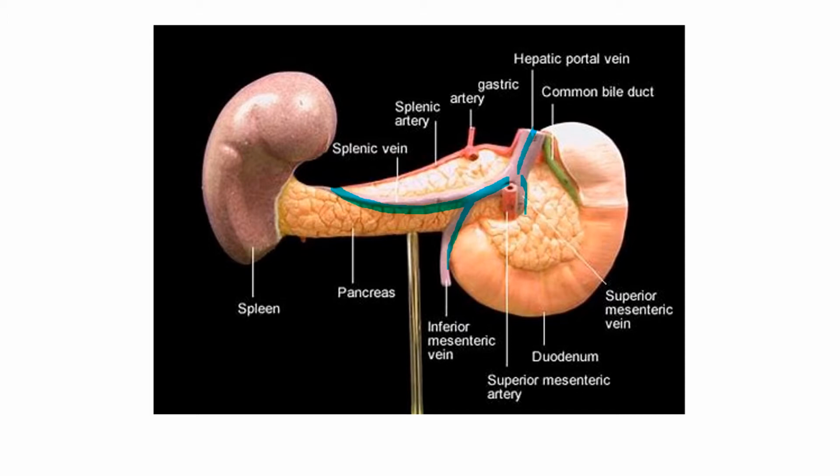And then all of those veins, so here's the first vein, it could be either the splenic vein or inferior mesenteric vein, and they all merge into the hepatic portal vein, which will lead to a second capillary bed, the liver sinusoids, in the liver, and then all of that exits as the hepatic vein. So anyway, I just wanted to give a little overview of the hepatic portal system.